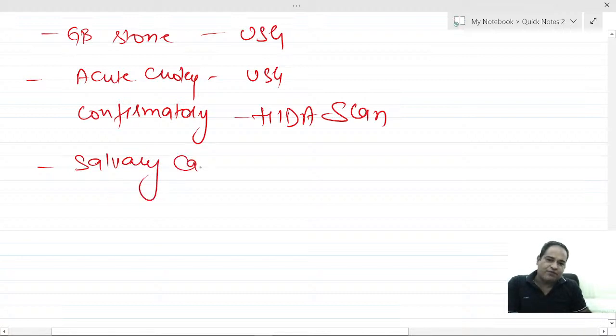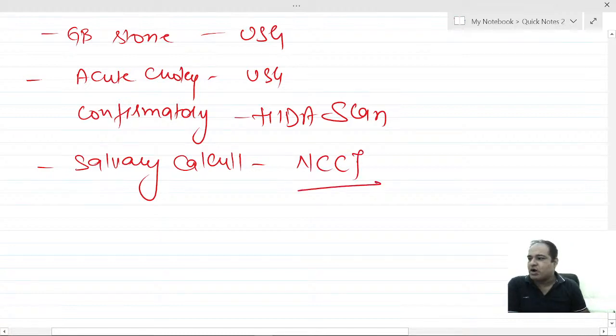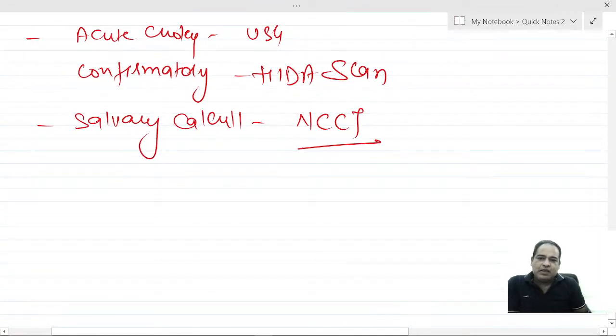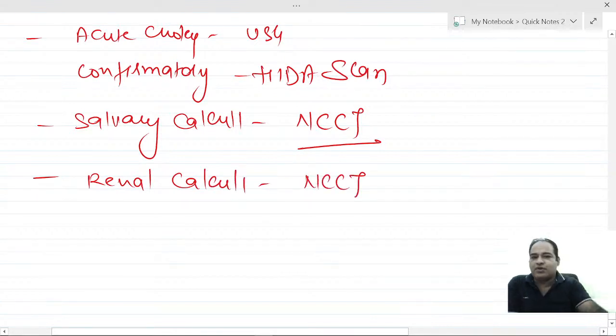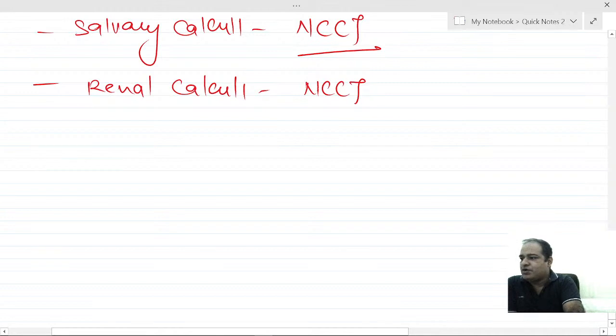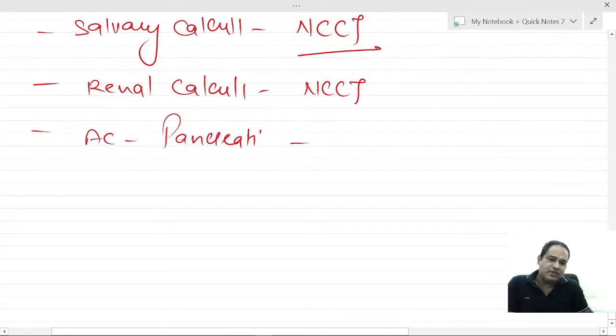Investigation of choice for salivary calculi: it has to be non-contrast CT. Investigation of choice for renal calculi: again non-contrast CT. For acute pancreatitis, it has to be contrast enhanced CT scan.